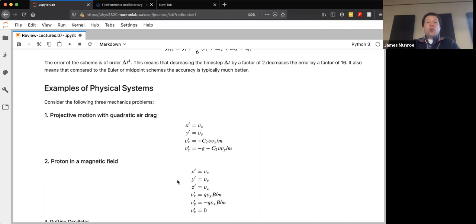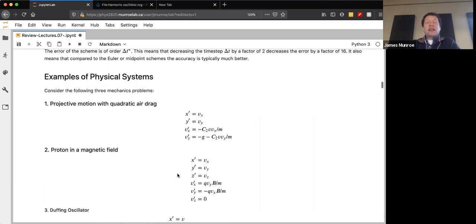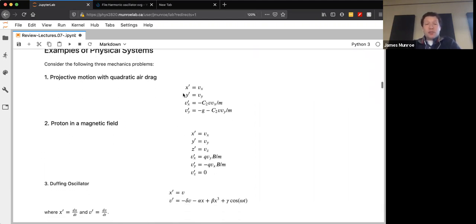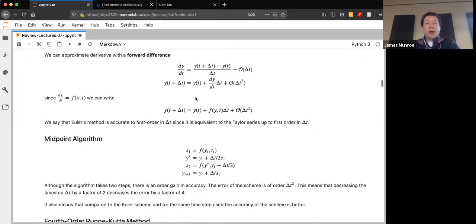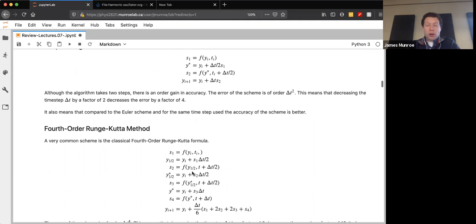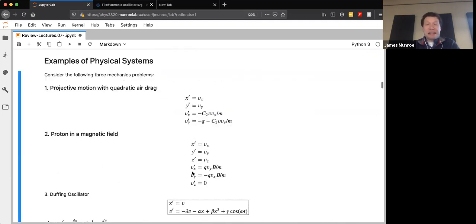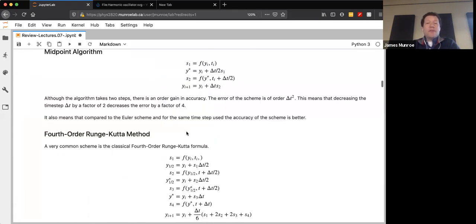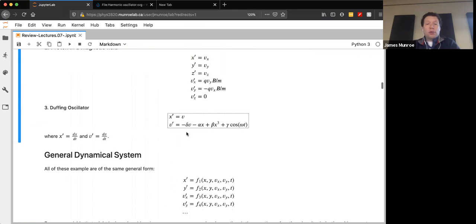In this lecture, we reviewed that we've now looked at a number of different physical systems. Here are examples of physical systems. Any one of these, or others, could be solved by any one of these different numerical methods. So the general idea here is, given a numerical system, an equation that's written in the form of derivatives equal to things, left-hand side equal to the right-hand side, we can use any of these numerical methods to solve it.